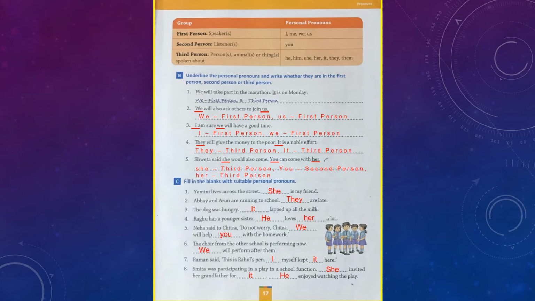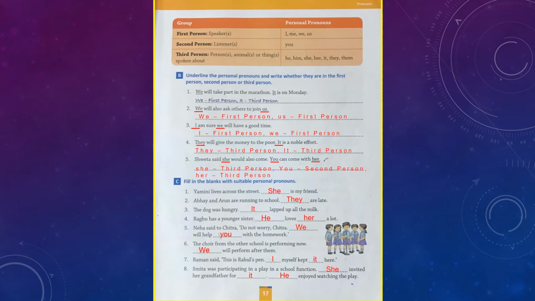Shweta said she would also come. You can come with her. In this sentence, we have three pronouns. She is a third person pronoun. You is a second person pronoun. And her is a third person pronoun. Okay, so this was exercise B.